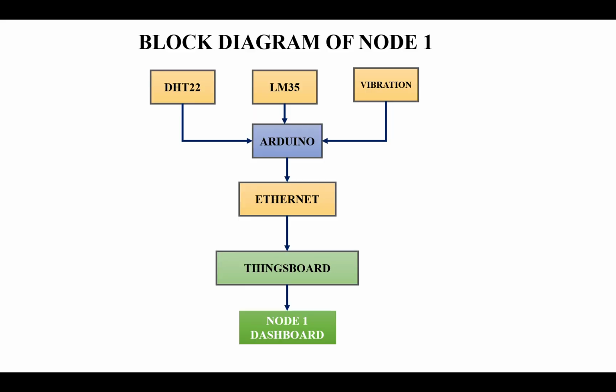Let us see the block diagram. In the block diagram, there are two nodes. Node 1 is called the production line, and node 2 is called the warehouse line. The production line, node 1, consists of three sensors integrated with Arduino: a DHT22 sensor, which helps collect temperature and humidity every 5 seconds; an LM35, which helps read the analog value of the sensor to compute the temperature; and a vibration sensor.